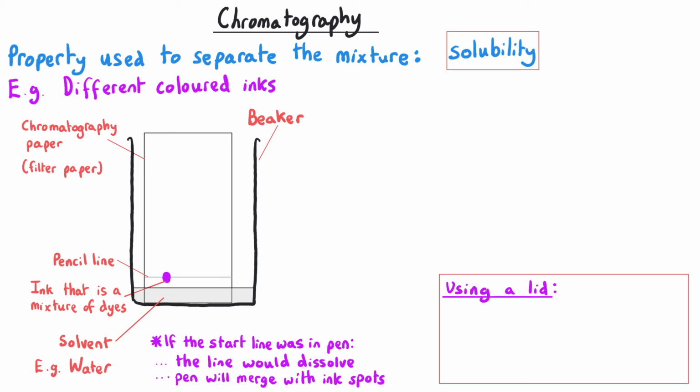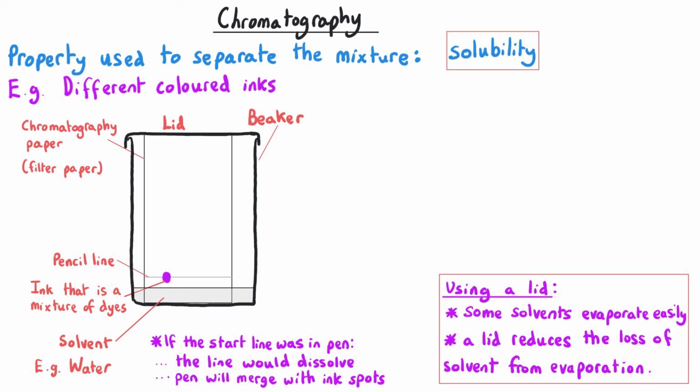Because the solvent might not be water, it might be something like ethanol, which evaporates quite easily. We sometimes put a lid on our chromatography experiment because that will reduce the rate at which the solvent evaporates. It's really important to make sure that the level of the solvent touches the paper but doesn't go above our starting pencil line.